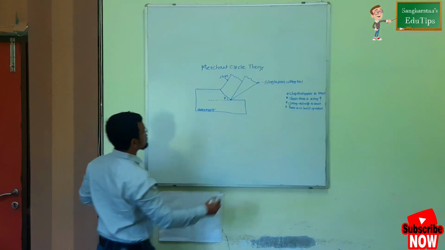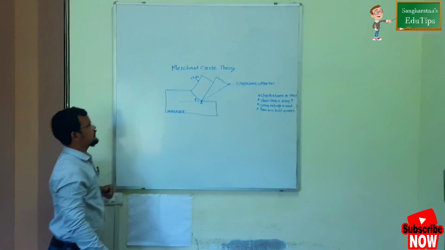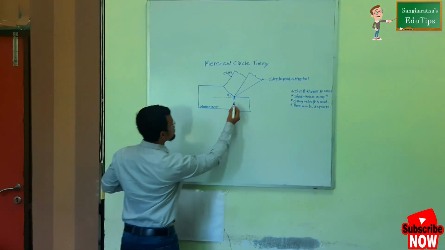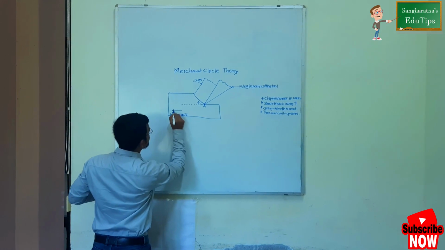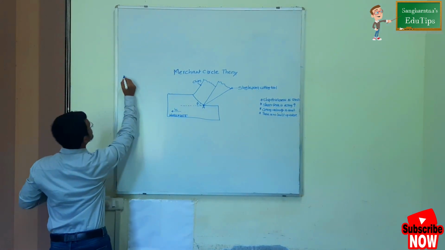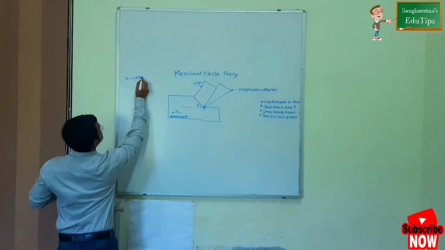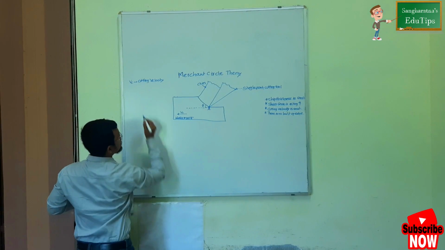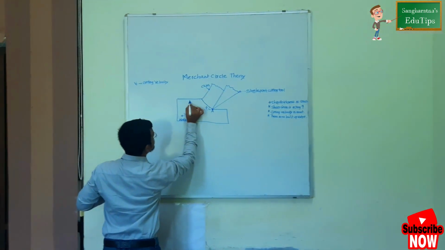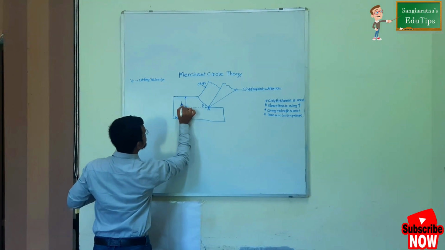So I am assuming this point as A, where the tool is coming into contact with the workpiece, and along this the tool is moving in the horizontal direction with the cutting velocity Vc. So Vc is nothing but the cutting velocity. This dimension is T1.